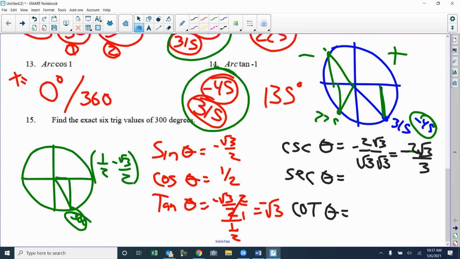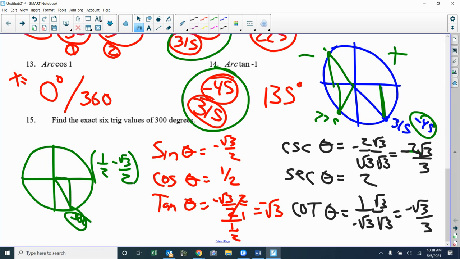Secant is half, flip that, it's going to be 2. Cotangent is going to be 1 over negative square root of 3, so rationalize. And as I said yesterday, it doesn't matter where the negative is, it can be on the top or bottom. There you have it, how are we feeling?